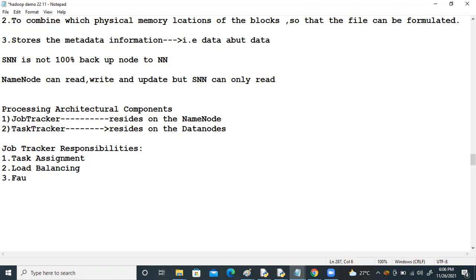If multiple tasks are running in parallel on multiple task trackers and suddenly any slave machine goes down, the task of that slave is assigned to any of the available task trackers. So these are the job tracker's responsibilities, fault tolerance also.